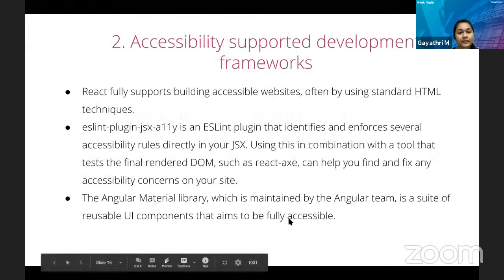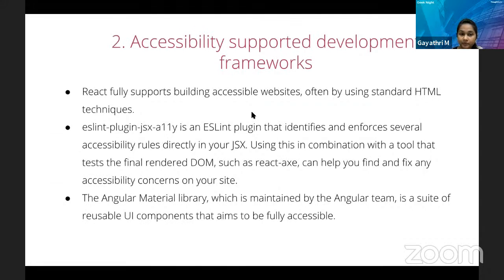And choosing accessibility supported frameworks for development will help the development team to accelerate this. React fully supports accessible websites. There is a linting plugin, ESLint plugin A11Y, which will actually call out clearly during development itself if some accessibility rules are broken, integrating such linting plugins.